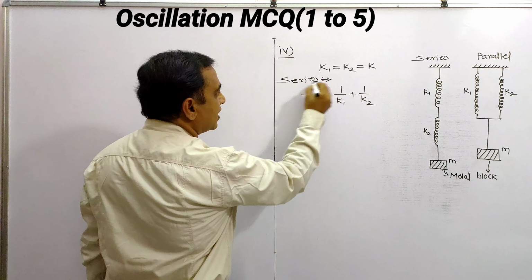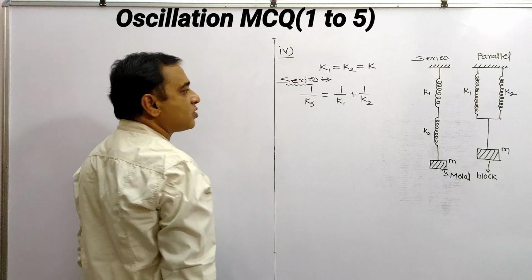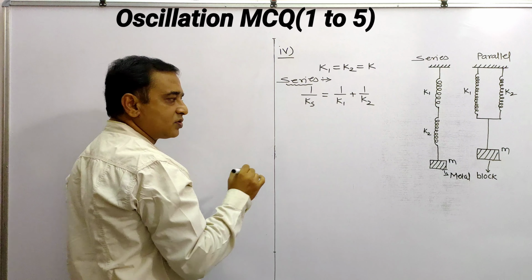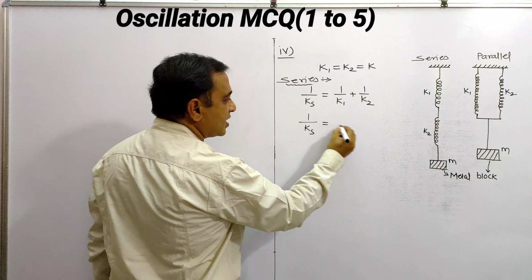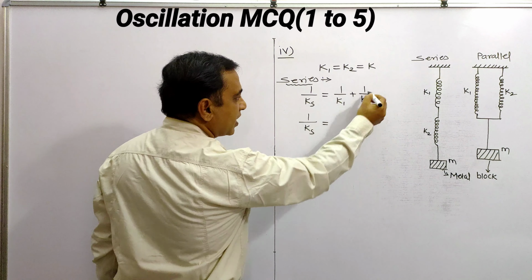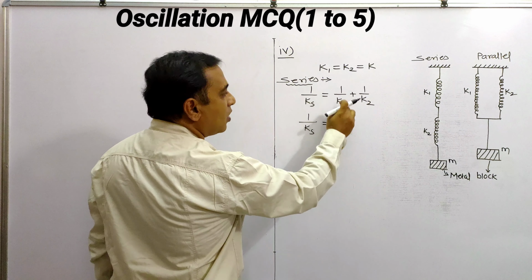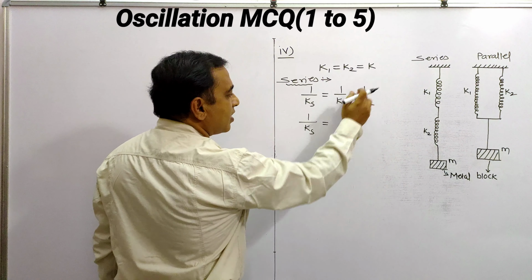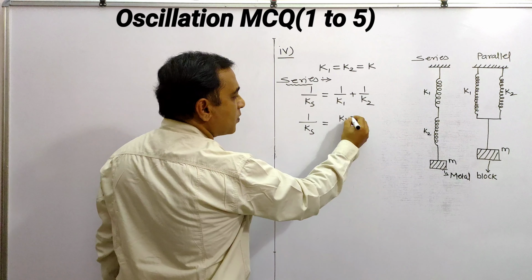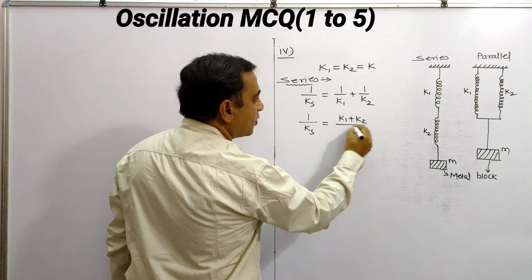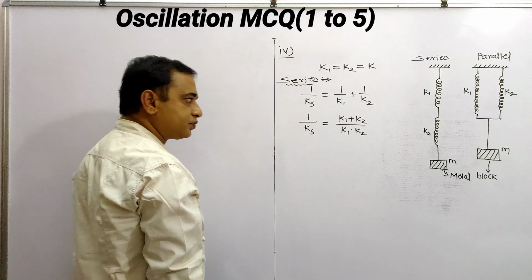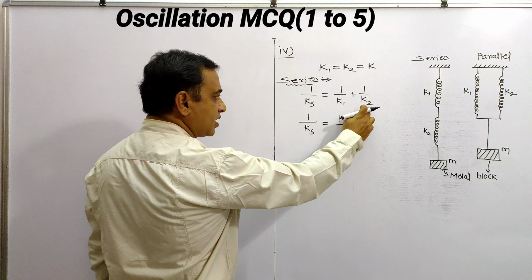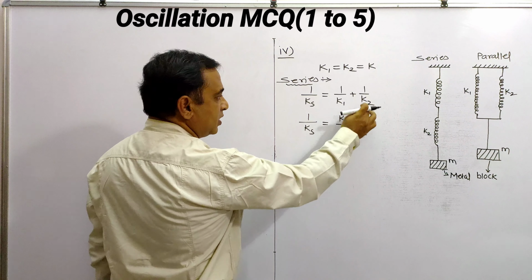Series combination. So this is a series combination and we have the formula for this. So 1 by Ks is equal to, by cross multiplication, K2 plus K1, that means K1 plus K2 divided by K1 into K2. As per the rule, multiplying K1 with K2 goes in the denominator.